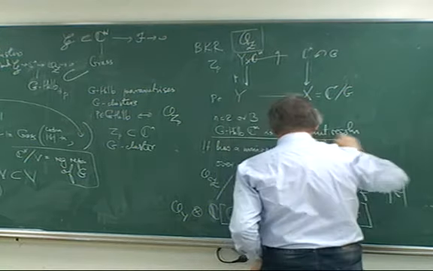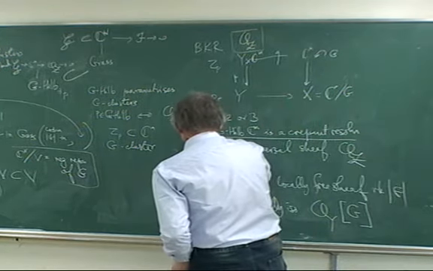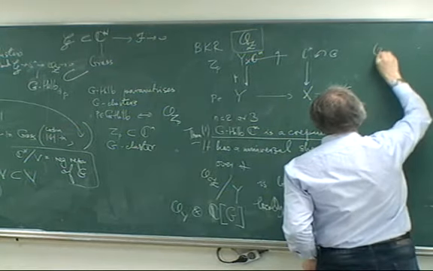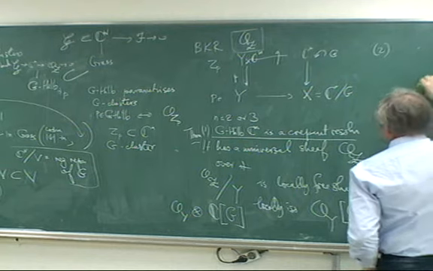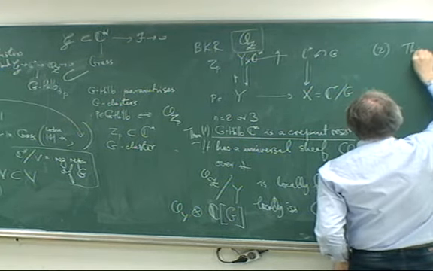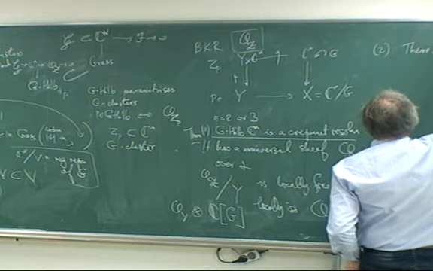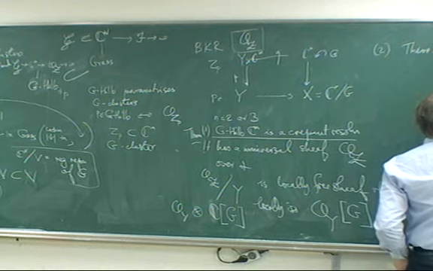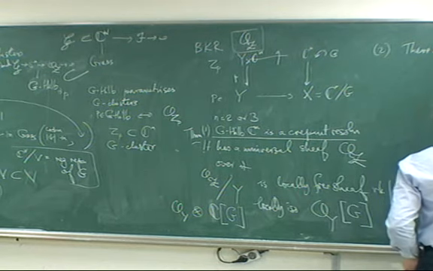So this is the theorem. And 1 and 2 are not really separate statements. 1 and 2 are proved together. So there is a Fourier-Mukai transformation.